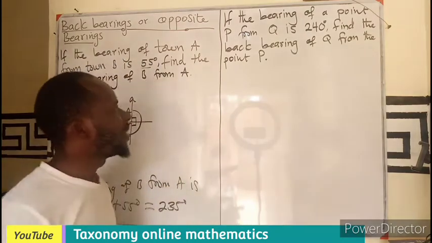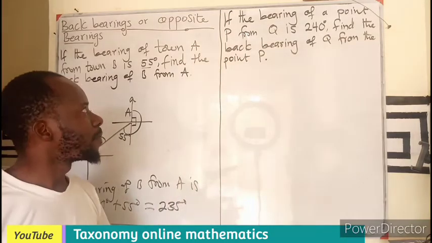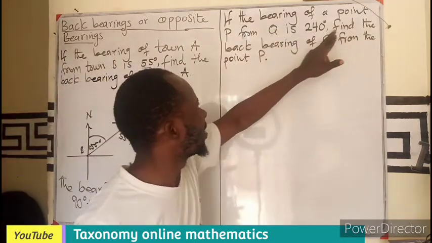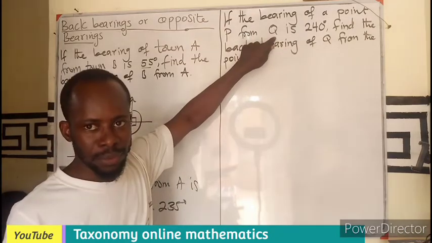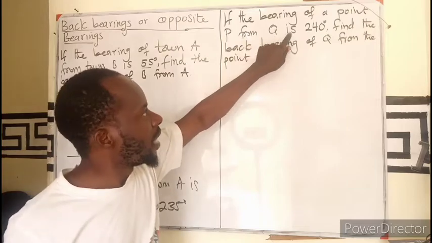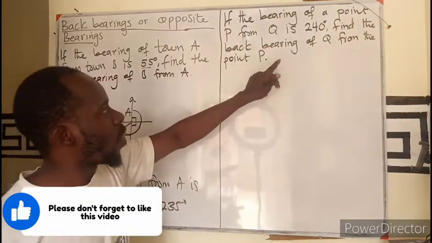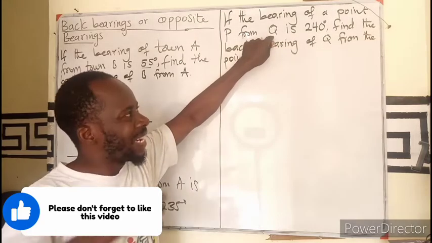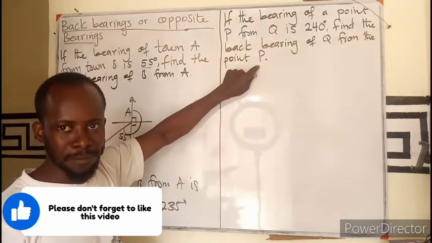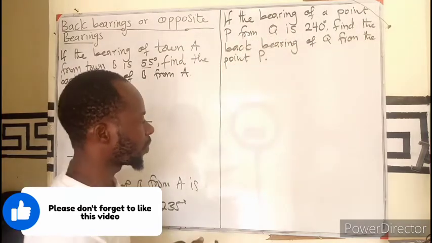Now let's take another question which is more or less opposite to this. If the bearing of a point P from Q, meaning this time Q is the starting point, is given as 240, we have to find the back bearing of the point Q now from the point P. So we begin with the point Q first.